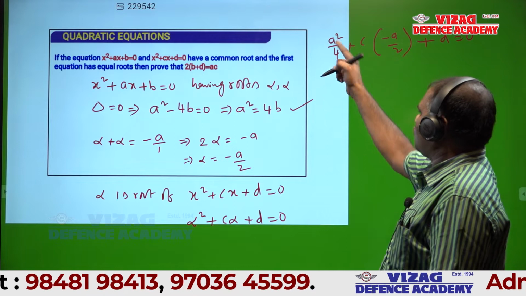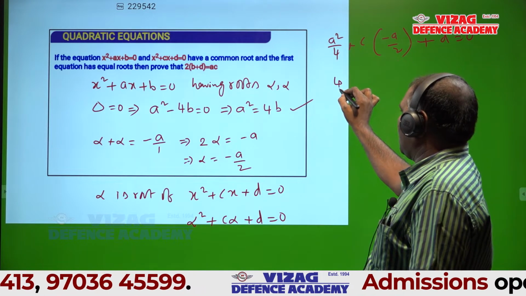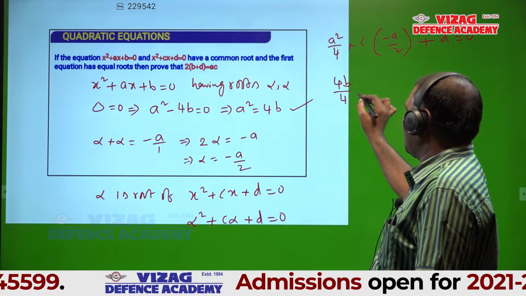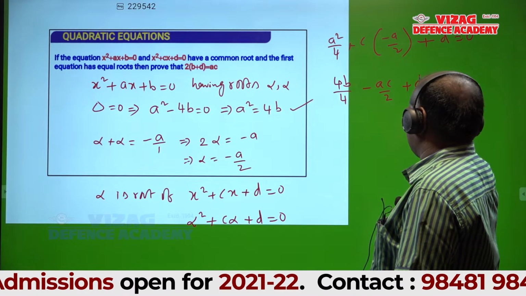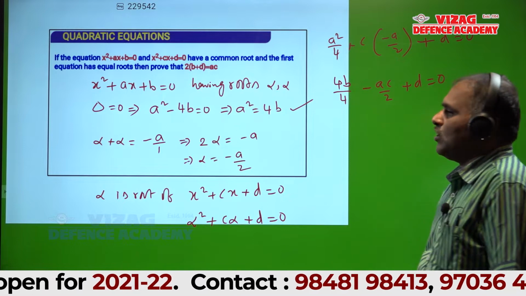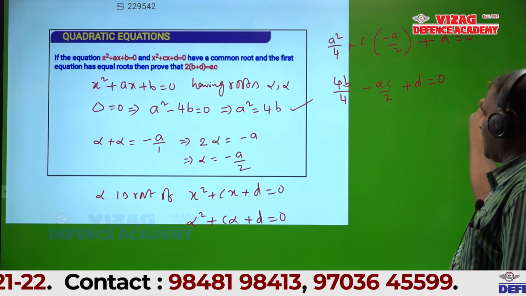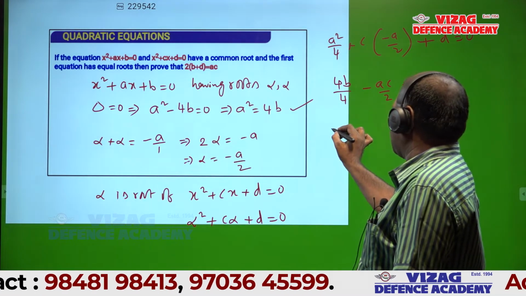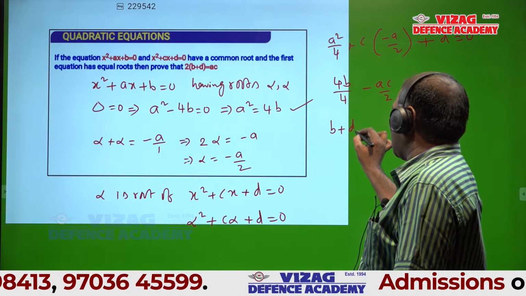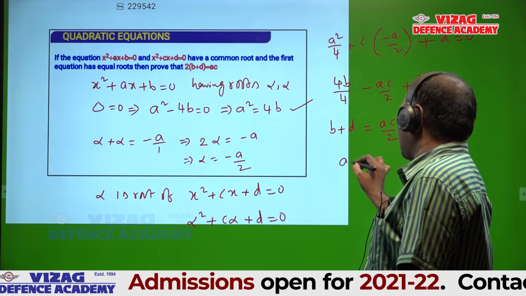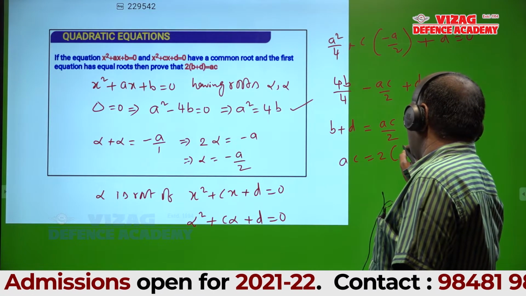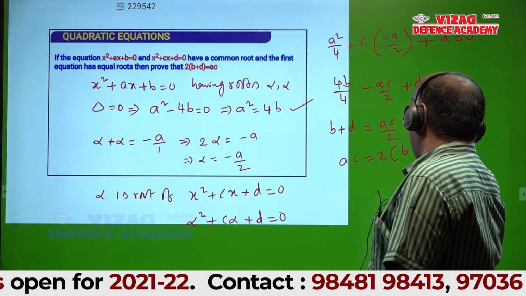Substitute in place of a square: 4b by 4 minus ac by 2 plus d is equal to 0. Take the negative to the other side, 4 cancels. So b plus d is equal to ac by 2, and ac is equal to 2 times b plus d.